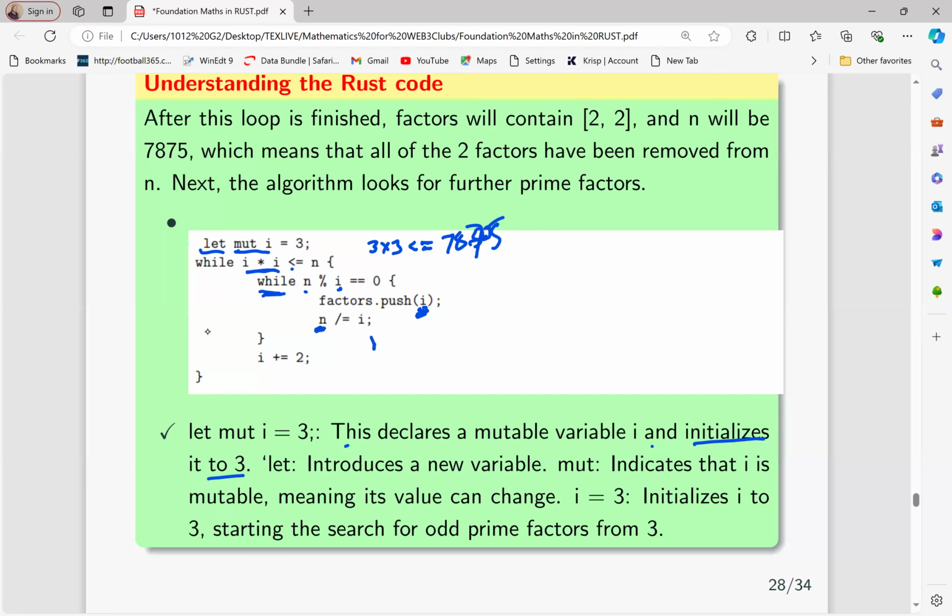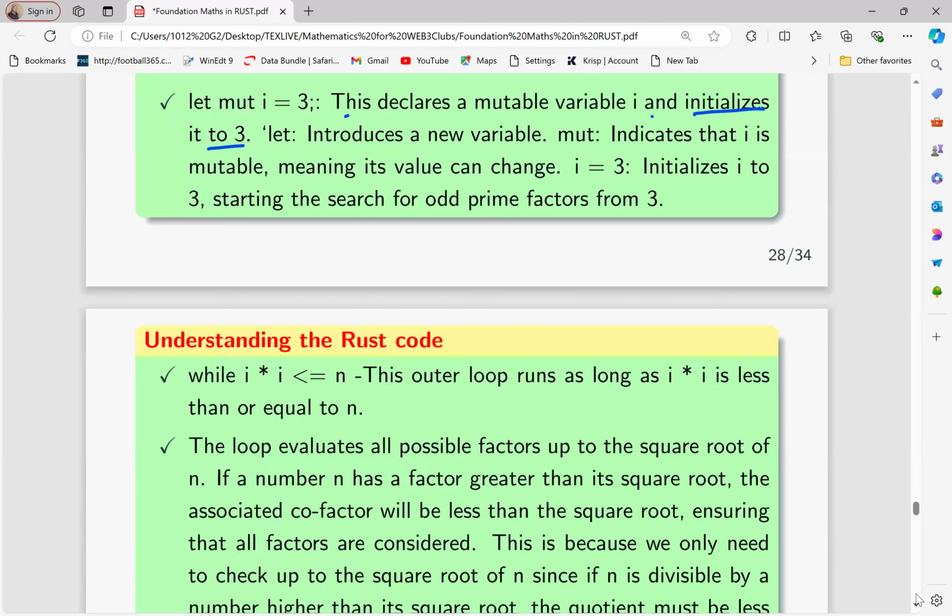The new n is the old n divided by i. That is what it means, divide, then equals. So it means the number on the left is the older one divided by what is on the right. That's how that works. Let's just continue with our example.